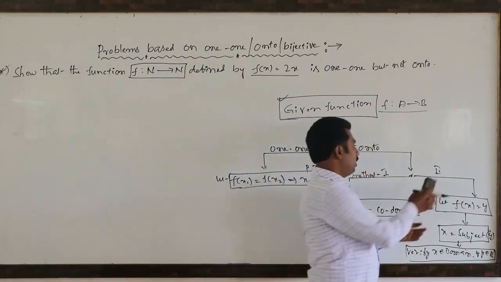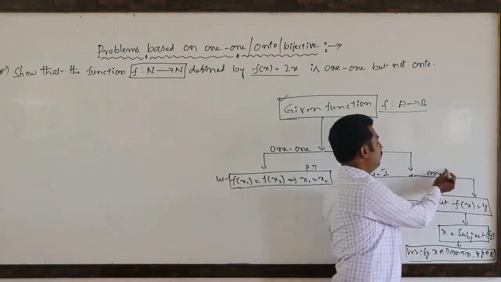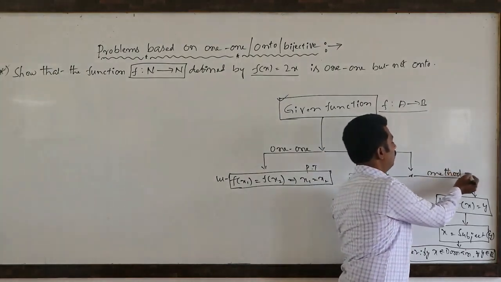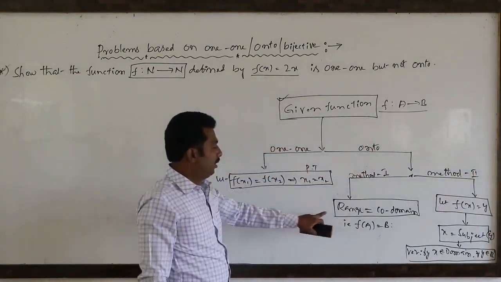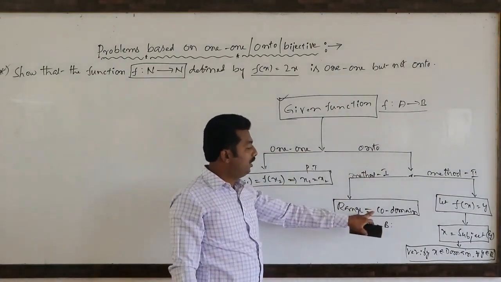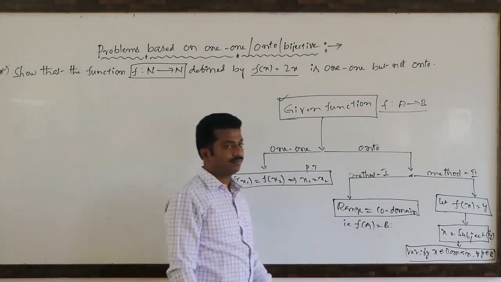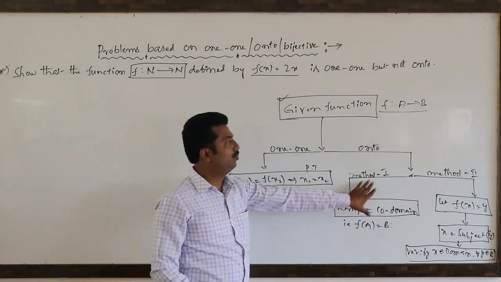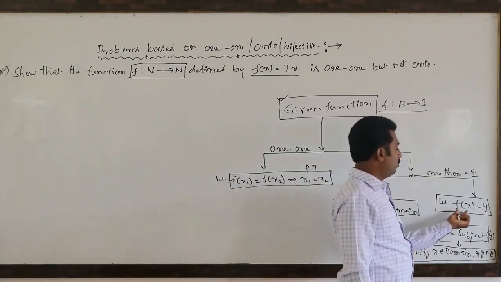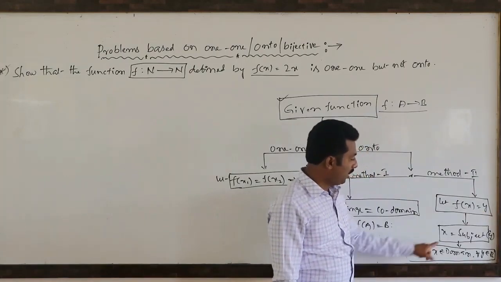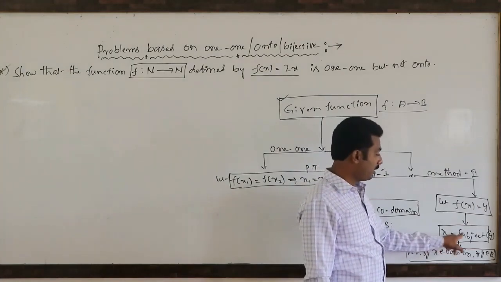Then onto. For onto there are two methods. In method 1, the range of the function is equal to the codomain, that is, f of A equal to B. This is one method to prove onto. In the other method, first we assume f of x equal to y, then make x the subject, so x is written in terms of y.